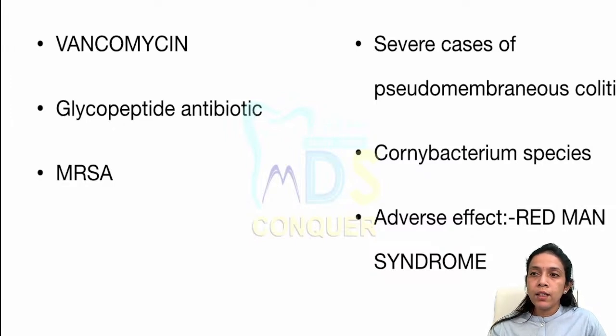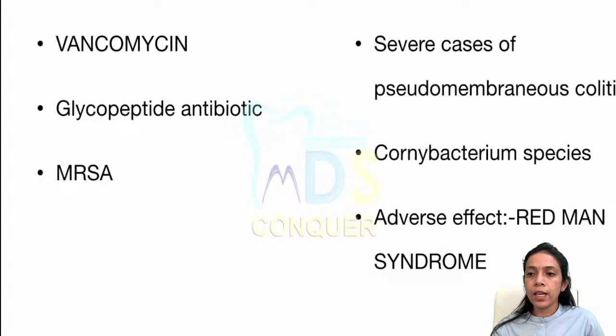Okay, yes. So my question to the students is, radiation recall reaction is caused by which drug? Among the options I have given, vancomycin, doxorubicin, and one more option, radiation recall reaction is by which drug?